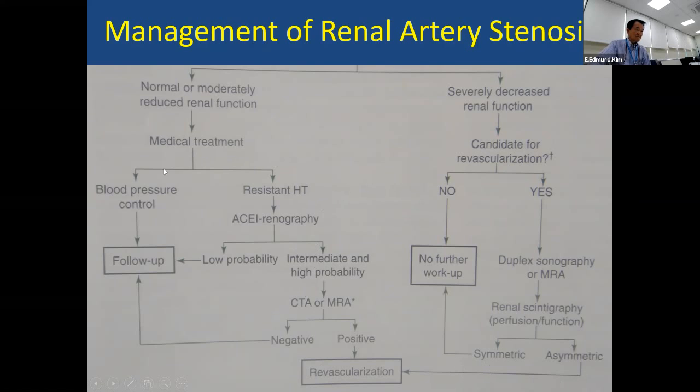Okay. After medical treatment controlling blood pressure, you make a renogram, and if there's a positive probability, then CT angiogram or MR angio, and that leads to a revascularization procedure.